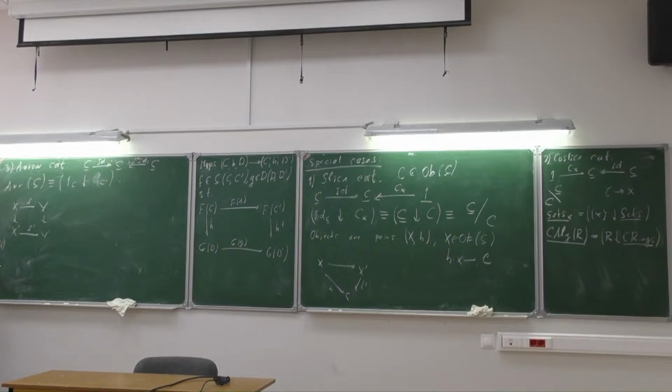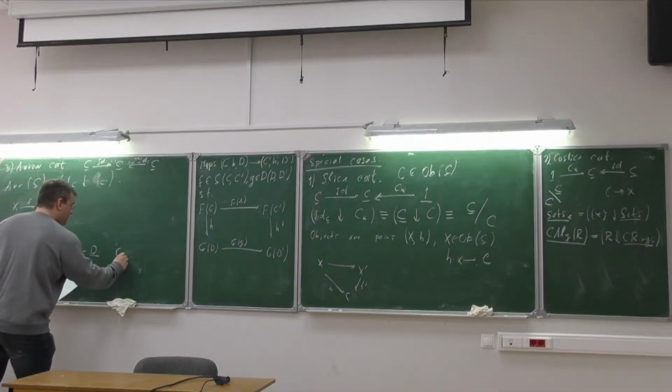And finally, special case number 4 is the following. You have a category with one object. Again, fix an object C, take the functor C lower star, and the second functor is just some functor G, so it's a slightly more general situation.